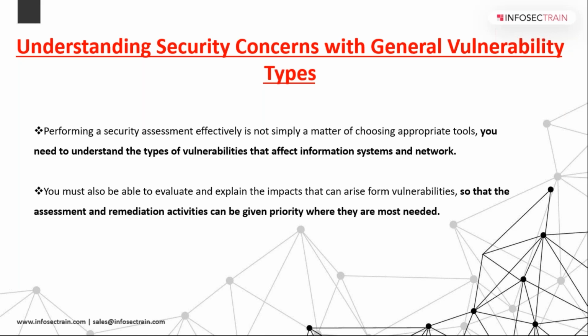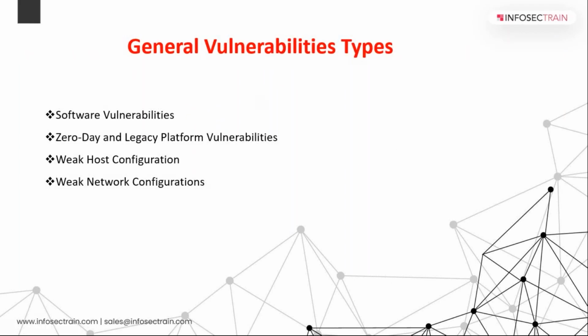When we are talking about your security concerns and general vulnerabilities, we can also say that it is any weakness or flaw inside your code or your software. It is not only affecting the code, it is affecting your application as well, and along with that it is affecting your operating system as well.